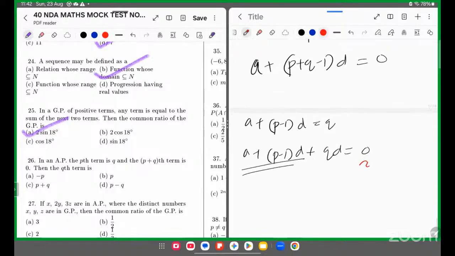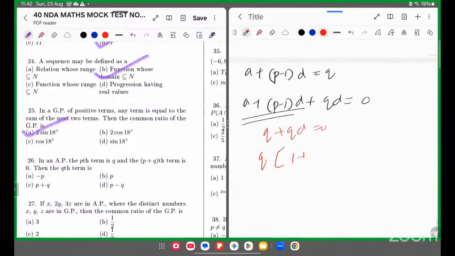This can be replaced with q. So q plus qd equal to 0, q can be taken out. So 1 plus d equal to 0. q cannot be 0. So I can say that d equal to minus 1.